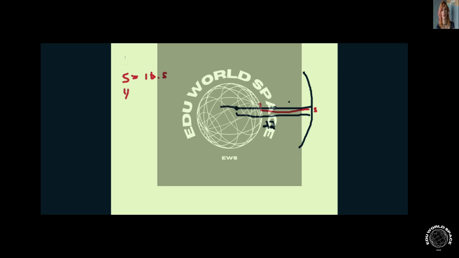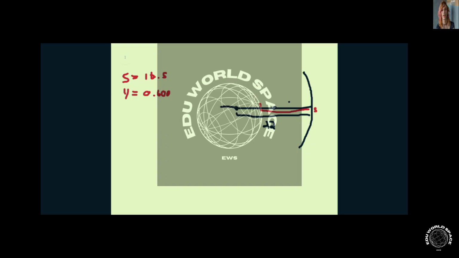The height of that object, the size of that object, is 0.600 centimeters. The first part of the question asks to draw a diagram, so R, the curvature radius, is 22.